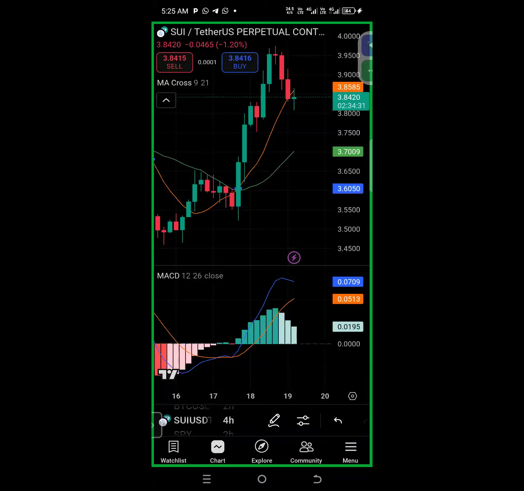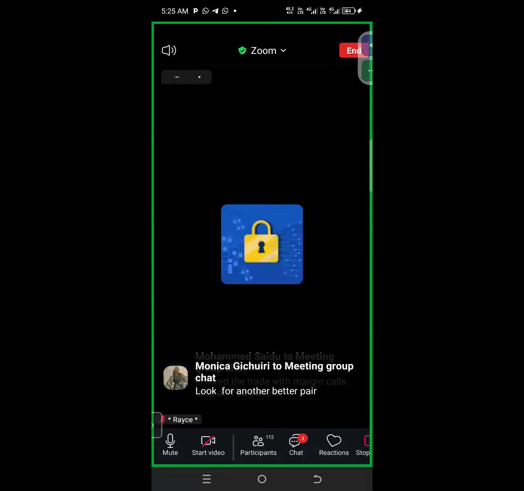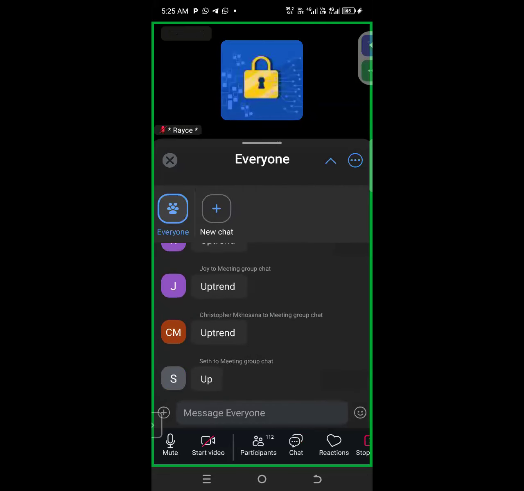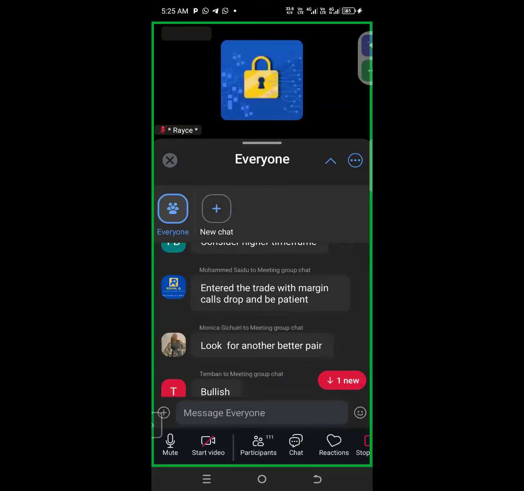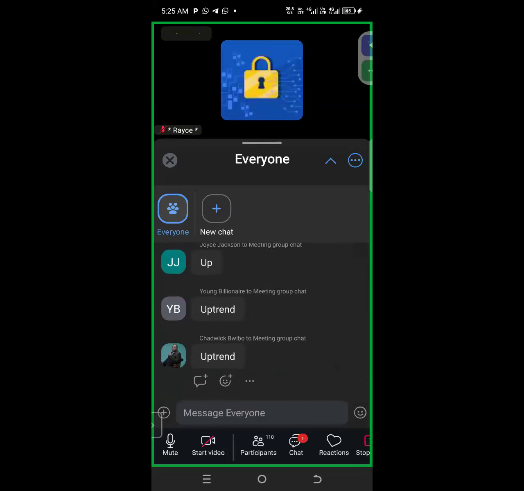Let me know on the 4-hour time frame. Is this uptrend or downtrend? Let me know. Is it uptrend or downtrend? Uptrend or downtrend? Uptrend. Very good. Very good.